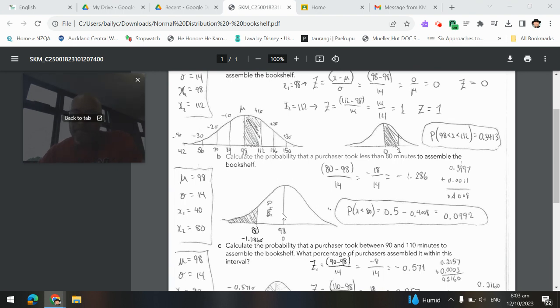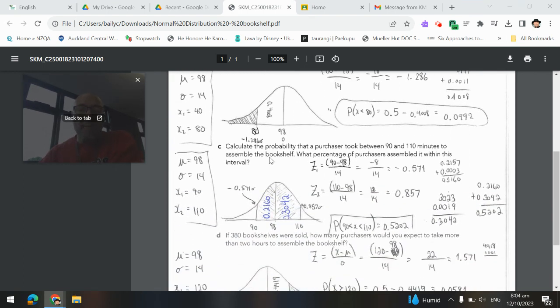Looking at the shading on the table, we can see that these values always go from 0 up to the Z value. So that 0.4008 is here. To find out the probability of the shaded part, we subtract the 0.4008 from 0.5 to get 0.0992. And just as a reminder, reason why we did that, if I were to ask you how much data is below the mean, you would say 50%, which is 0.5, okay?